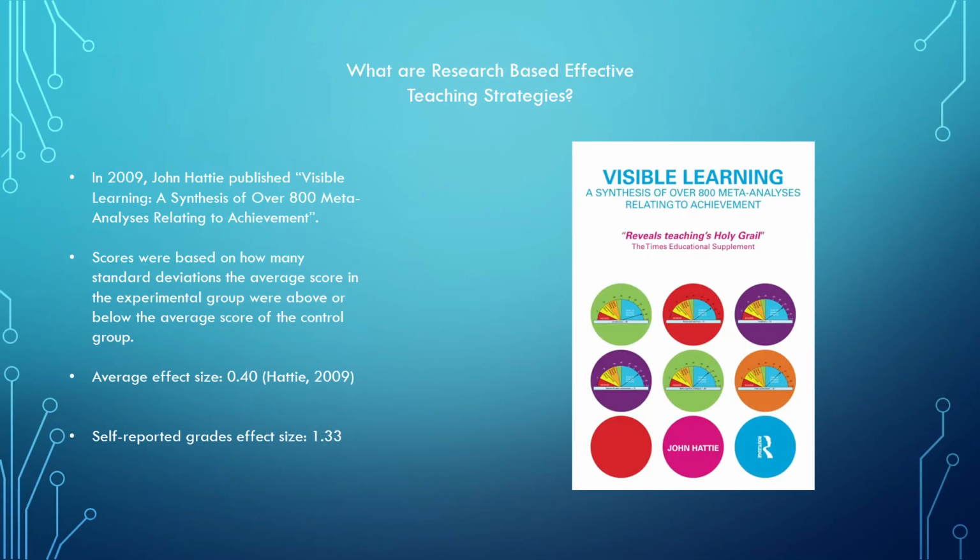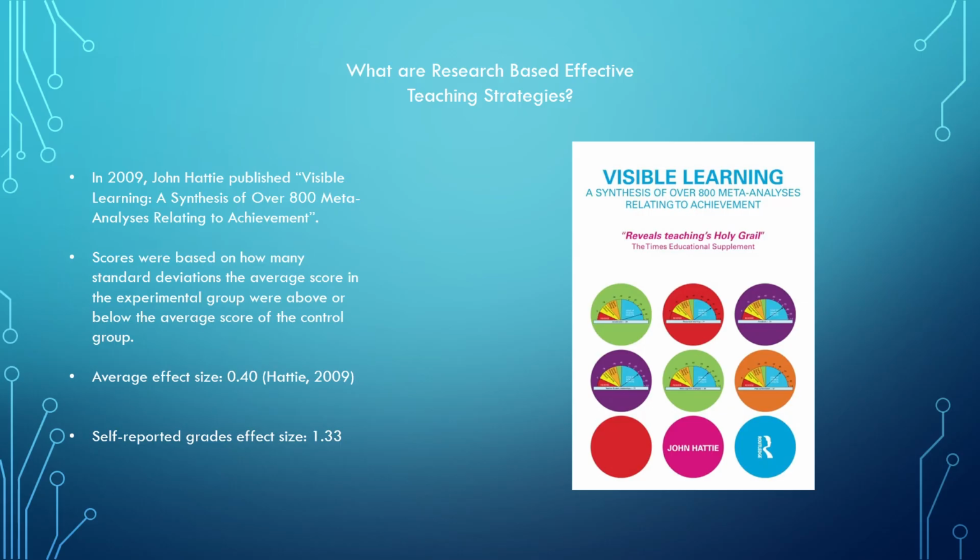So first we're going to talk a little bit about research-based effective teaching strategies. What exactly are they? In 2009, John Hattie published his book of research titled Visible Learning, a synthesis of over 800 meta-analyses relating to achievement. What Hattie did is he initially measured 138 effects across 6 different areas: the student, home, school, curriculum, teacher, and teaching and learning approaches.